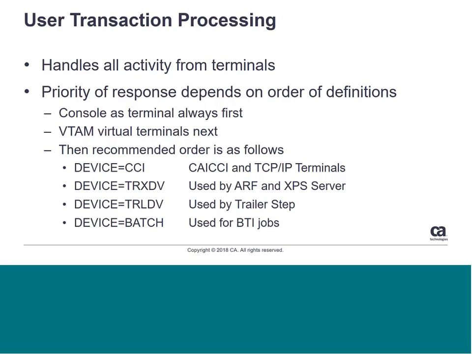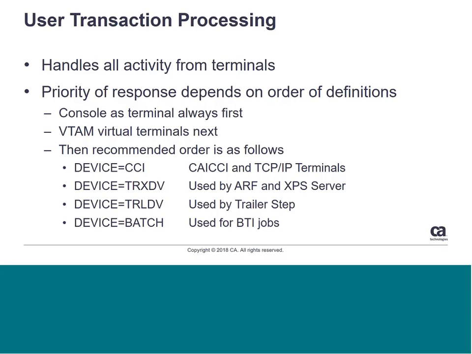Following that, then, there are a number of other terminals, and this tends to be the recommended order for priority of response for these. So your CCI device, group line and term definitions next after VTAM virtual terminals, and that covers both CCI and TCP/IP terminal interfaces.